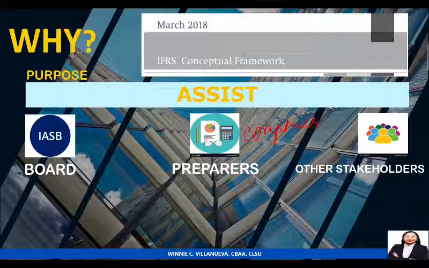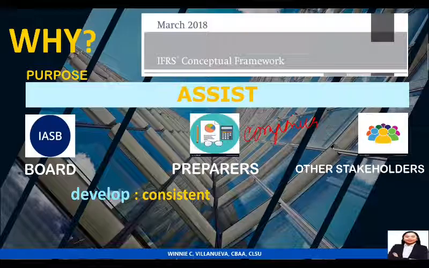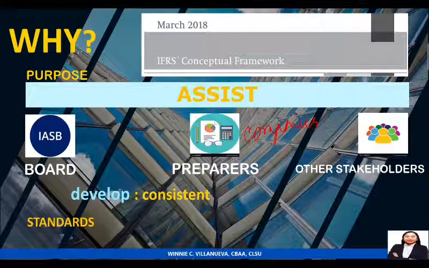Okay. Now, in what aspect will the board and the preparers be assisted? You have to remember that it is to develop a consistent standard for the board. Of course, they are the standard setting body.